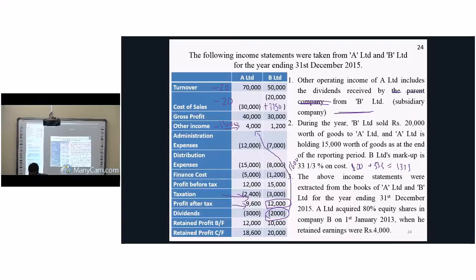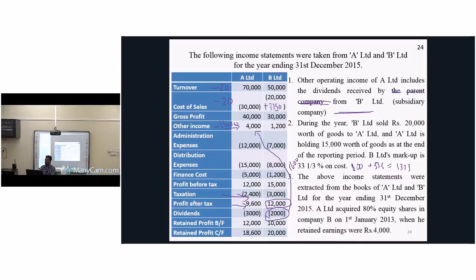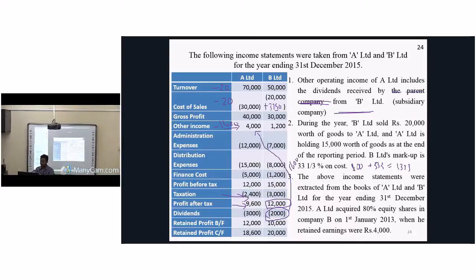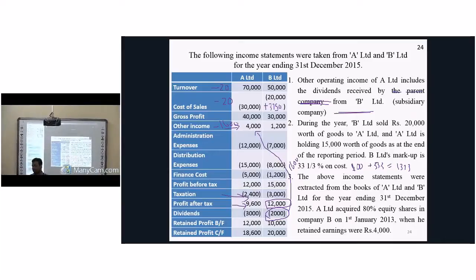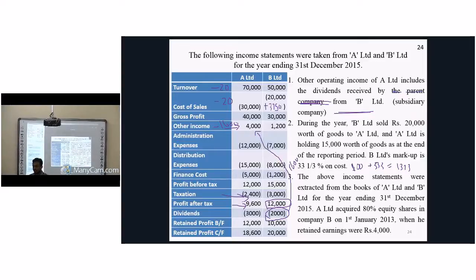Very simply, as the second and third learning points, intercompany sales and purchases should be eliminated in full. It means from turnover you have to subtract total intercompany sales, and from cost of sales we have to subtract total intercompany sales. At the same time, if there is any unrealized profit related to this sale of inventories, it should be added to cost of sales. Then it is the third point.